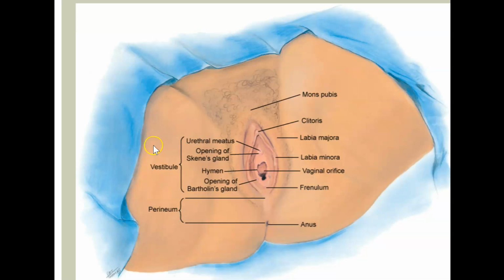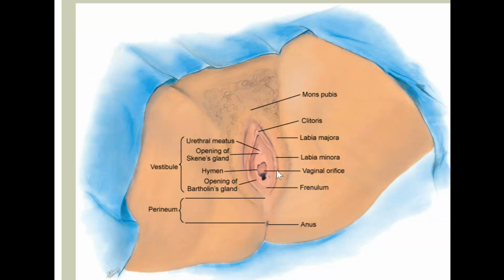I do want you guys to be aware of what is considered the external part: the mons pubis, which is that adipose tissue that covers the symphysis pubis, and then you have the labia majora, and then the labia minora here.